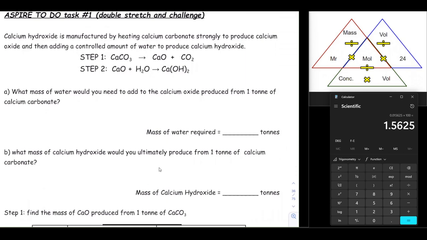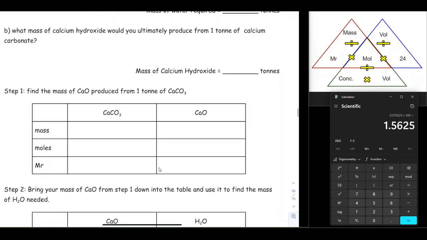So what mass of water would you need to add to the calcium oxide produced from 1 ton of calcium carbonate? So it's asking us what mass of water we'd need given that we've got 1 ton of calcium carbonate. And then it's saying a second question, what mass of calcium hydroxide would you ultimately produce from the 1 ton of calcium carbonate? That may seem really complicated, but we follow the same process that we've been working on all this time. Let's see what we need to do.